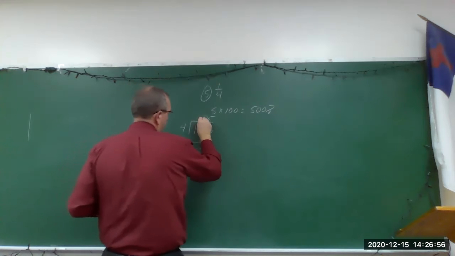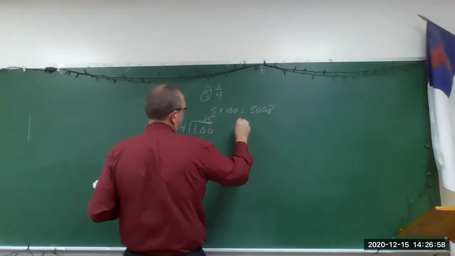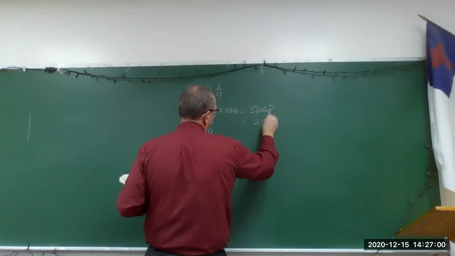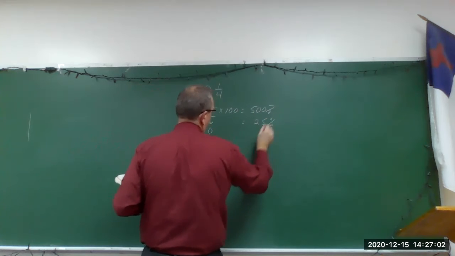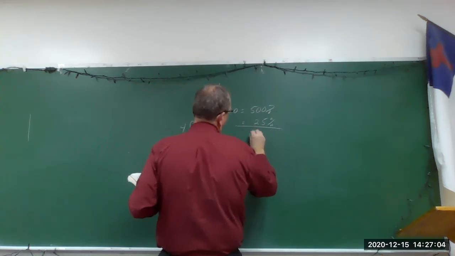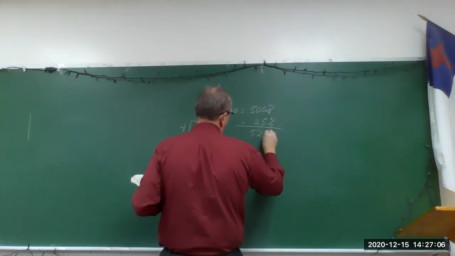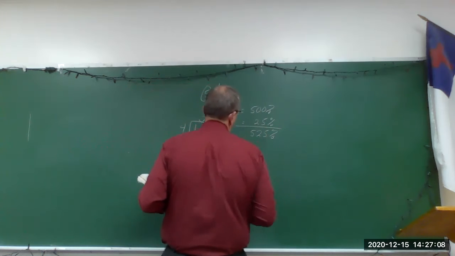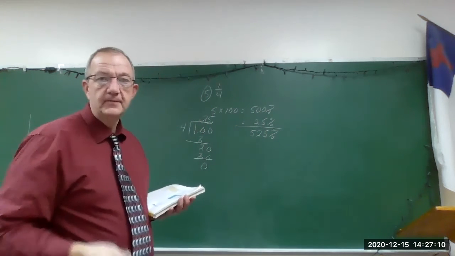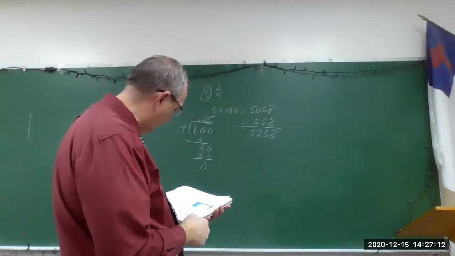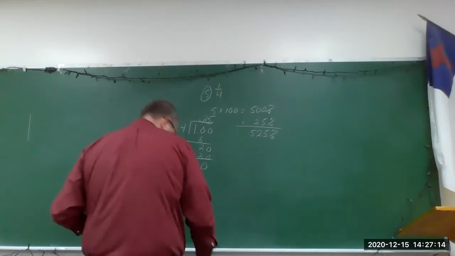So you're going to move that 2 places to the right, so that's going to be 25%. Then you're going to add those together to get a total of 525%. Check your work, make sure you did that right.